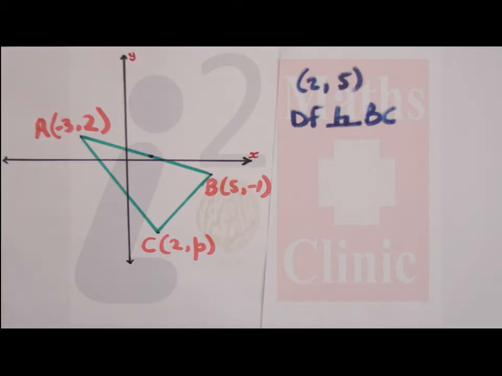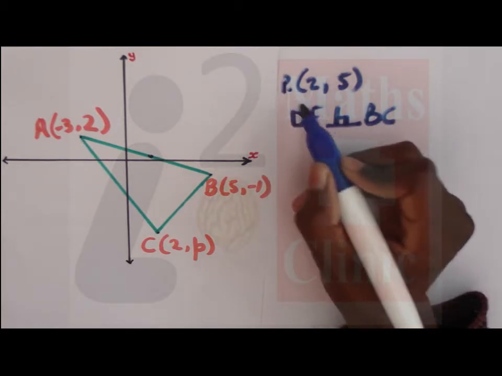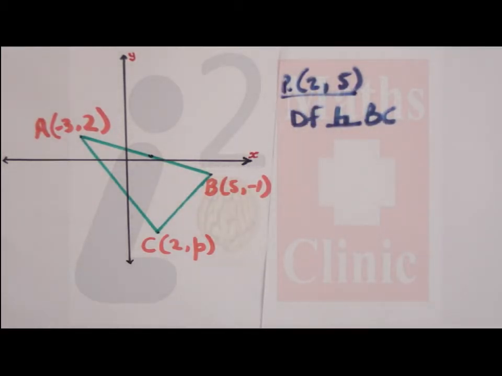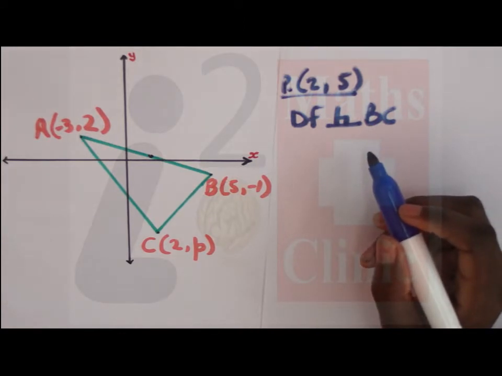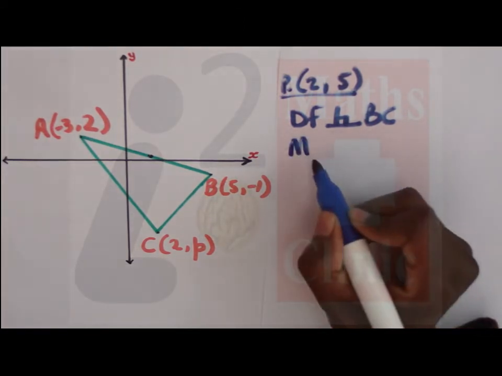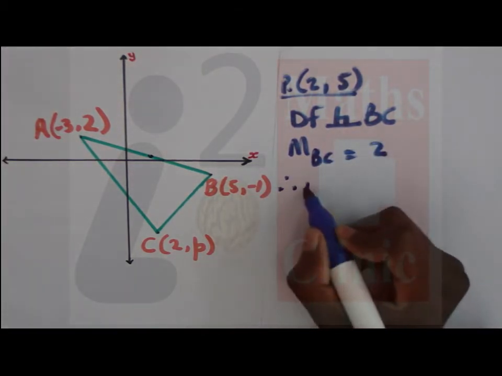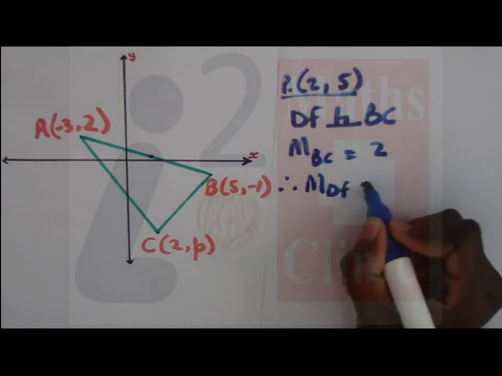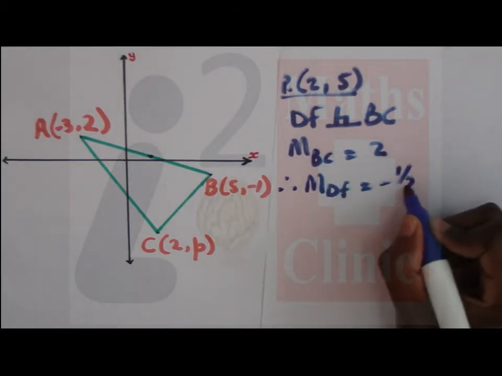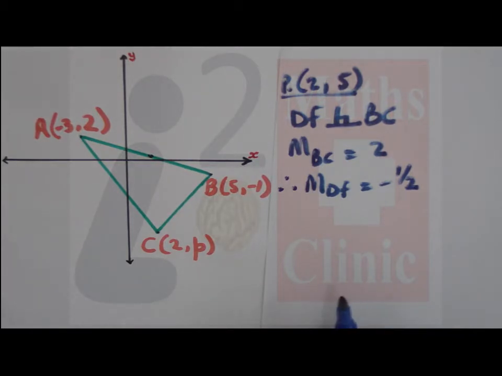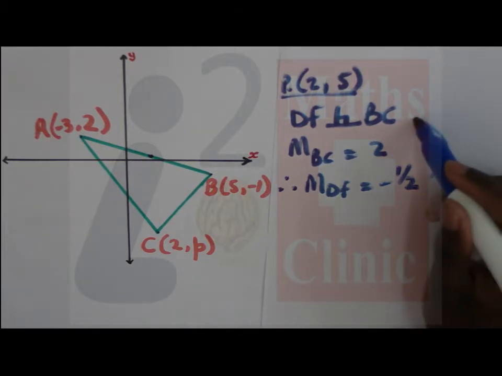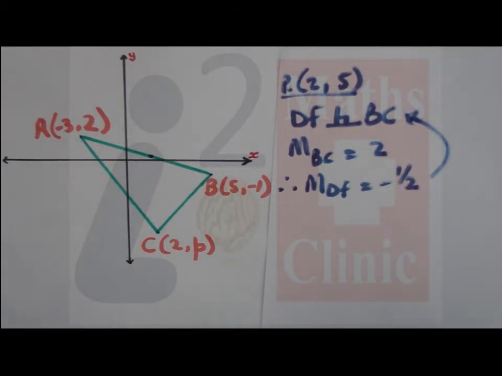We have a point on the line, (0, 5), and DF is perpendicular to BC. The gradient of BC was given in the previous question as 2. Therefore the gradient of DF must be minus 1 over 2, because when lines are perpendicular, the gradients multiplied must give minus 1.